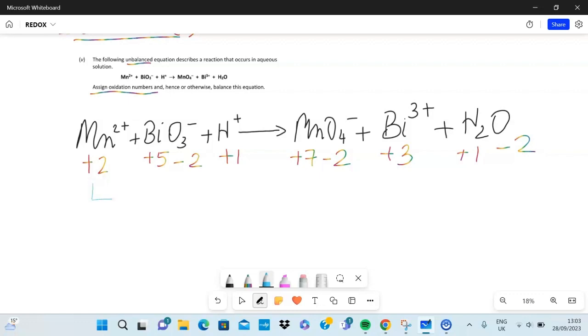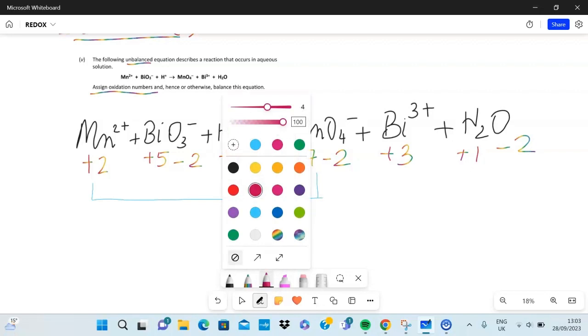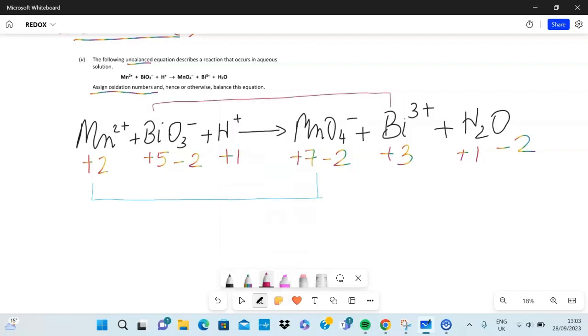So +2 becomes +7, so there is a difference. Let's check the bismuth. Bismuth went from +5 to +3. Something's wrong there, so I'm going to mark it like this, and I'll come back to that.